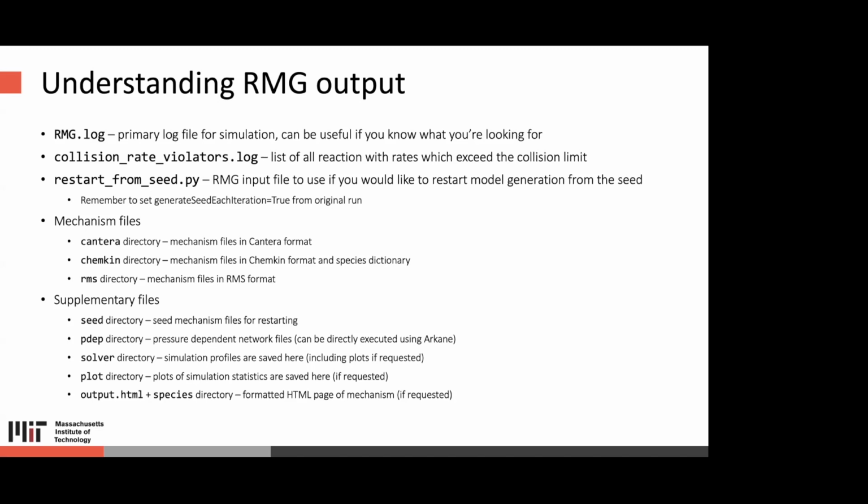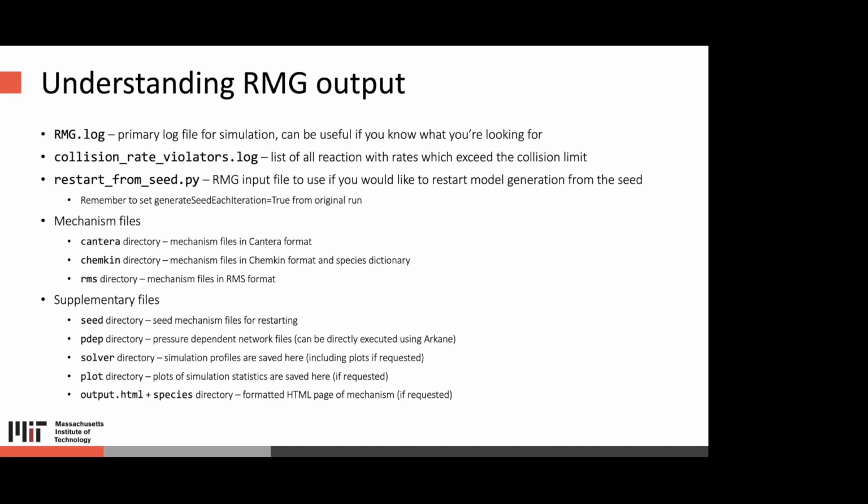So if the reaction rate has exceeded the collision limit, will the rate in this RMG run be modified to the collision limit, or will it remain the estimated rate? If I remember correctly, I think you will just keep the original number. However, you will get a file called something like inflation limit, indicating which rates are problematic.